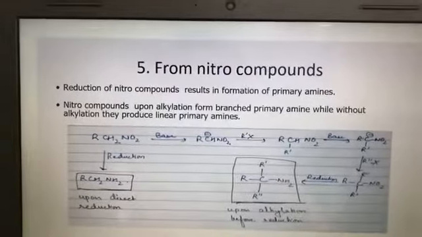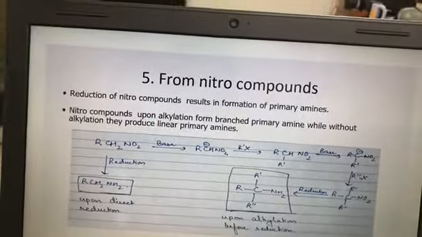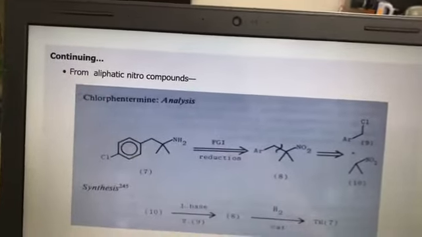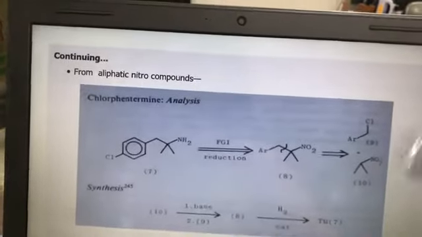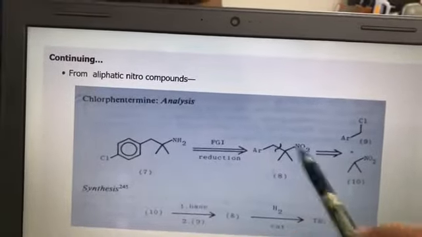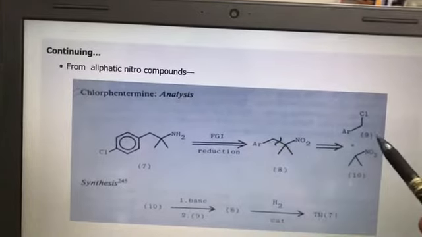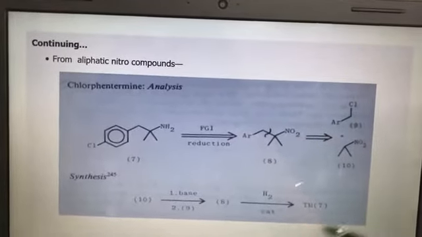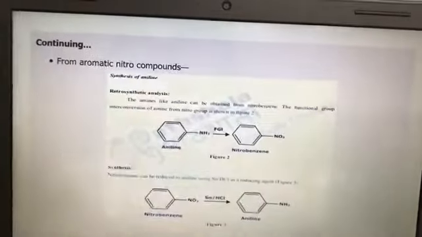Now, FGI is also needed when we disconnect an amine to form nitro compounds. Like for aliphatic nitro compounds, here it is aliphatic, though an aromatic group is also attached to it. Upon using FGI here, we get a nitro compound, and upon disconnecting it from here, we get an alkyl halide and a nitro group, and it can be synthesized from these steps easily.